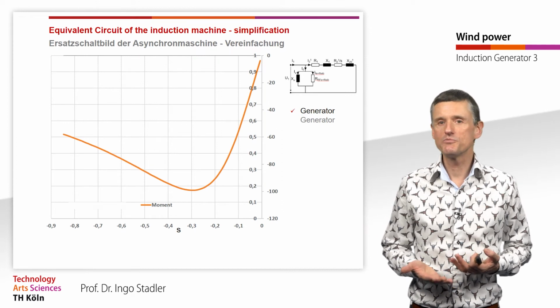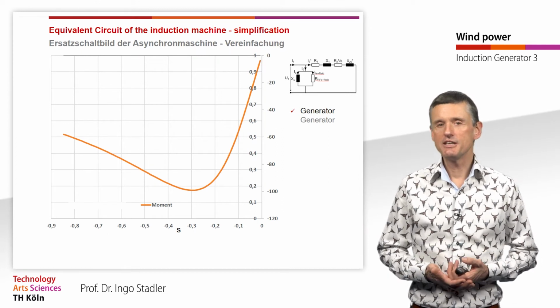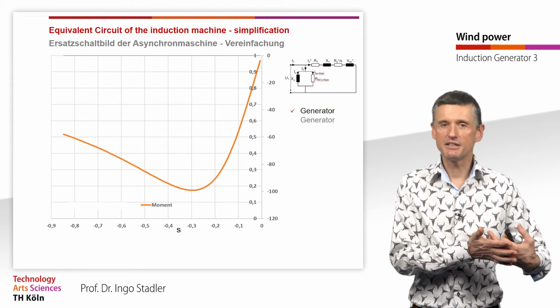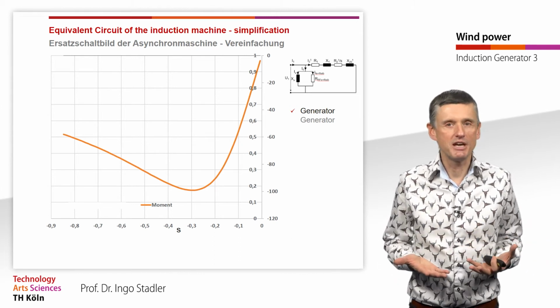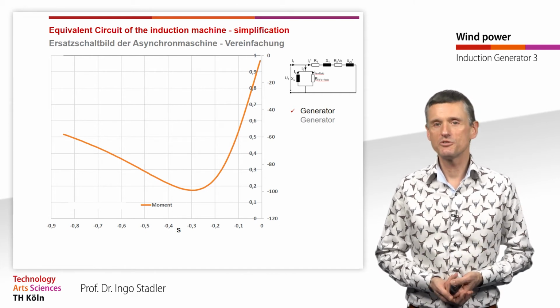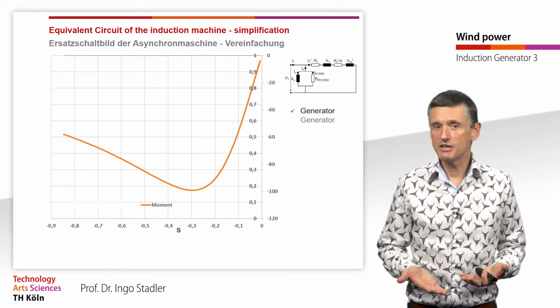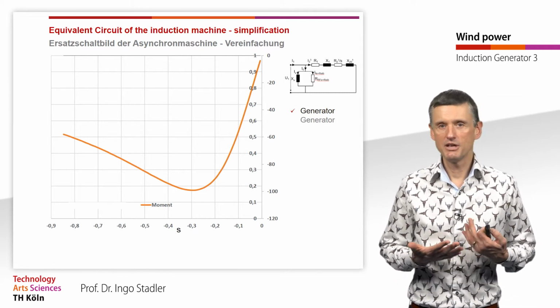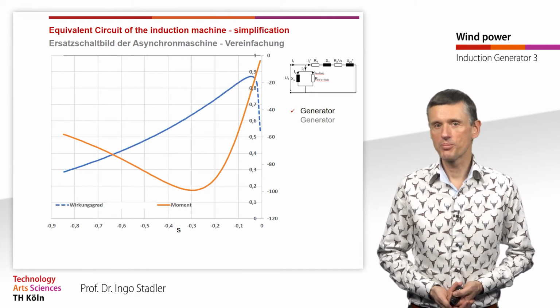But we are interested more in generators, and therefore with negative slips also the moment is getting negative but has the same behavior. A steep increase and then a maximum at a certain level of the slip S, and then it's decreasing again from the absolute value.